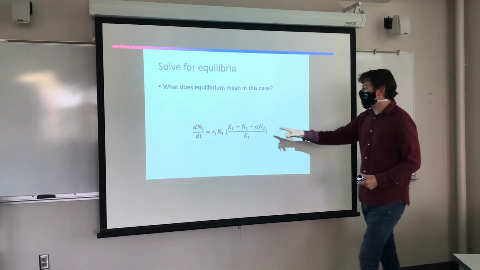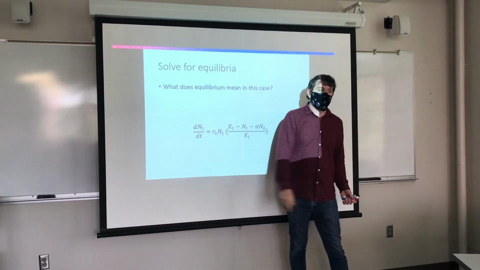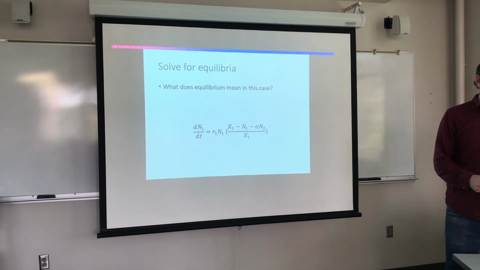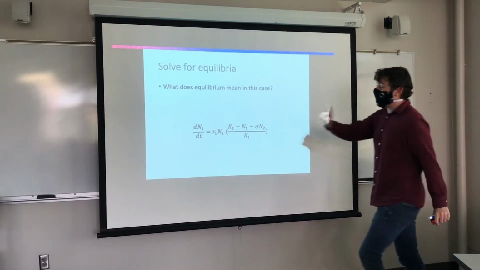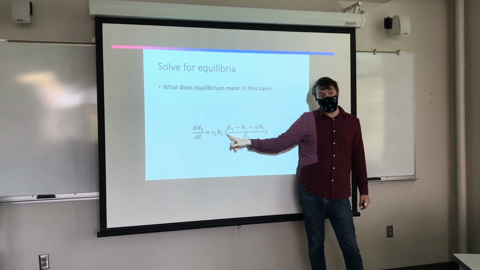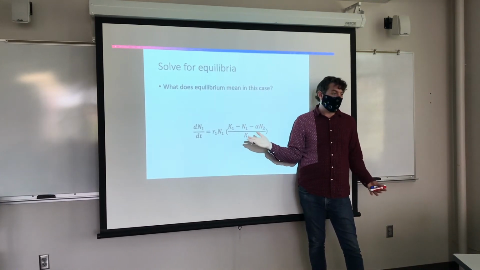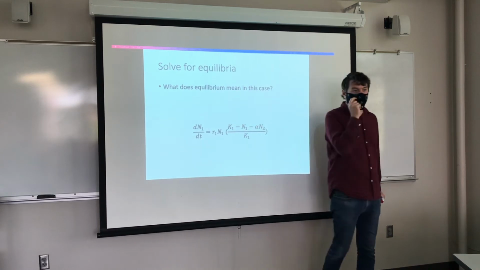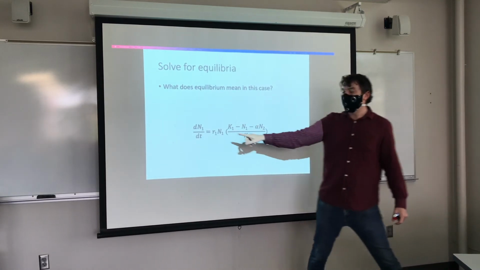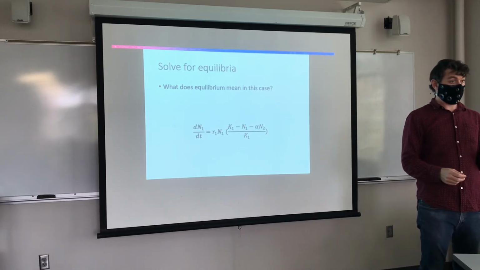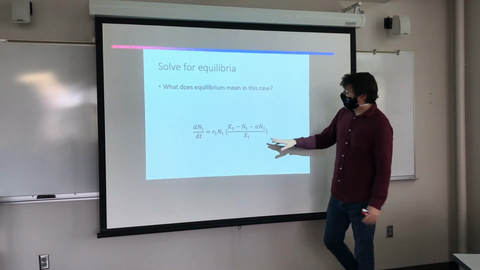What value of n renders this rate of increase 0? 0 won't do it, right? Remember, this K is going to be some positive number. K minus 0, that's going to be K over K, that's 1. So what value of n is going to render dN/dt 0? K. K, right?